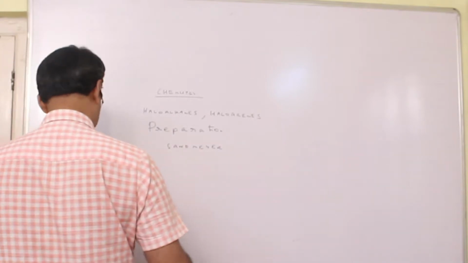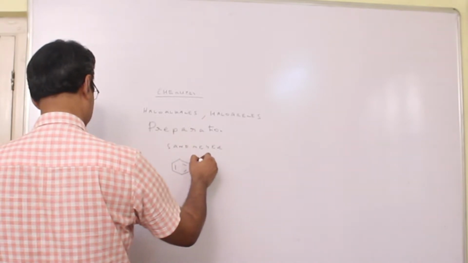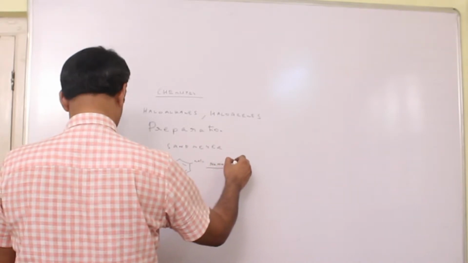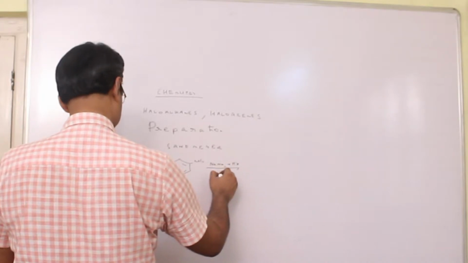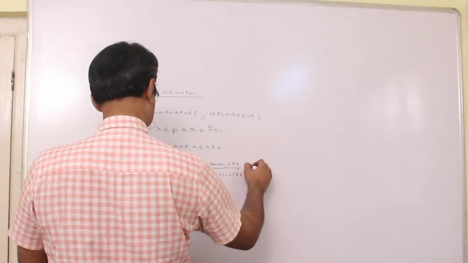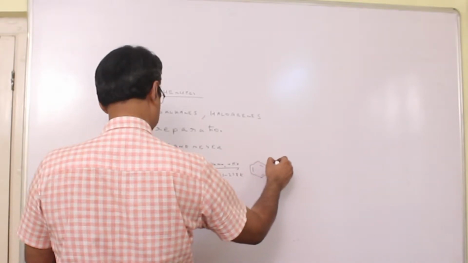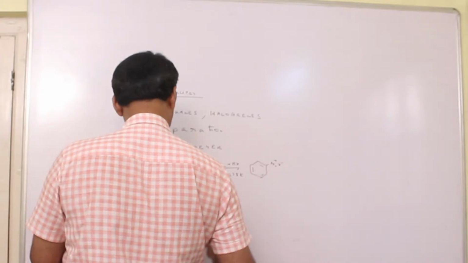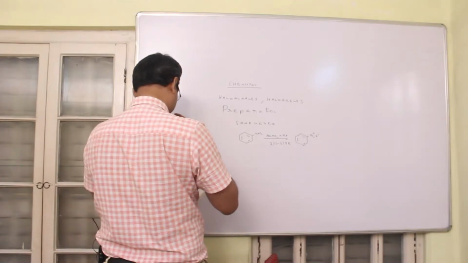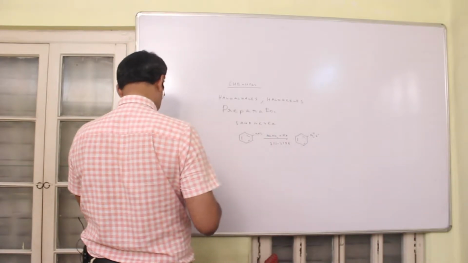The next reaction is Sandmeyer reaction. In Sandmeyer reaction, what we do is that we treat aromatic amine with NaNO2 plus halogen acid.